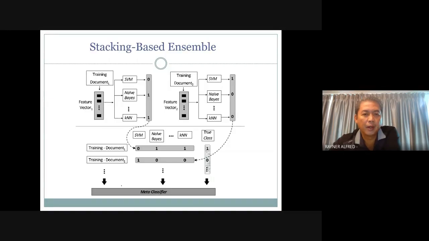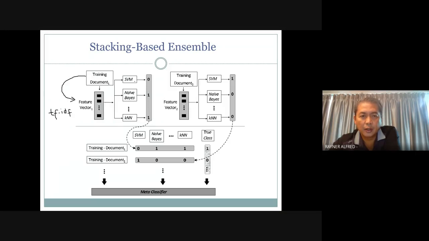Okay. So let's suppose we have a training document here. Of course, your training document will be changed to a feature vector. So you have studied TF-IDF. Okay. So each individual record represents one feature vector.